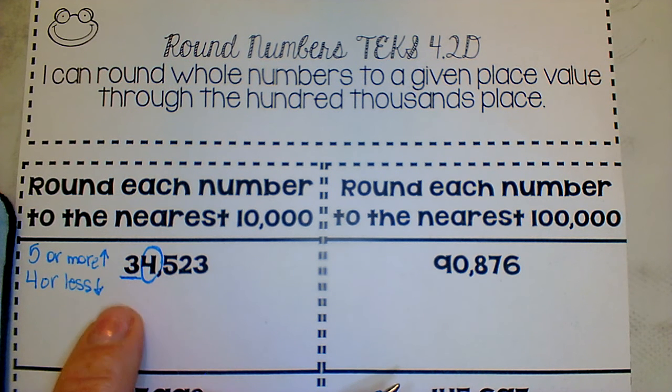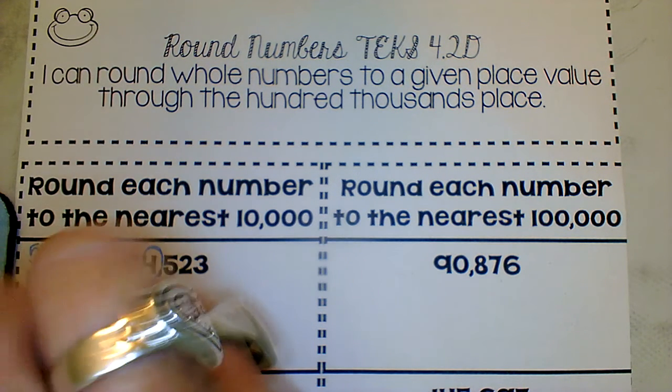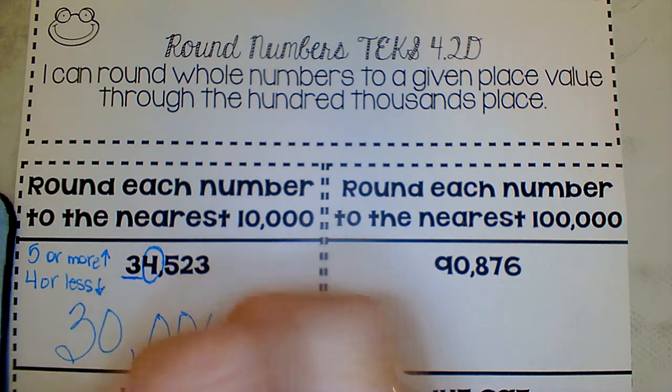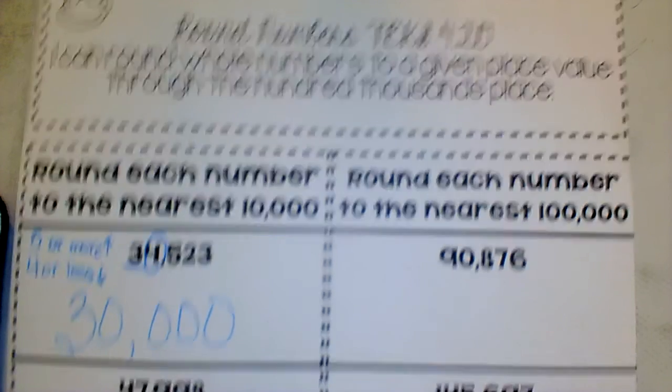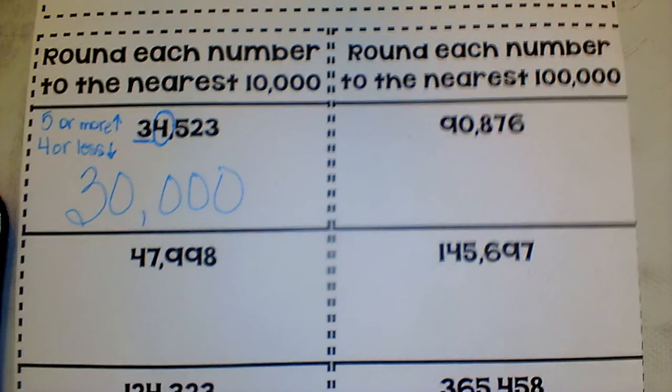I think we keep the 3 there and make all the rest of the numbers 0 because 4 is not 5 or more, so there's no way you can actually raise it. Excellent. Okay, so the 3 rests and stays the same, and every digit following it becomes a 0.